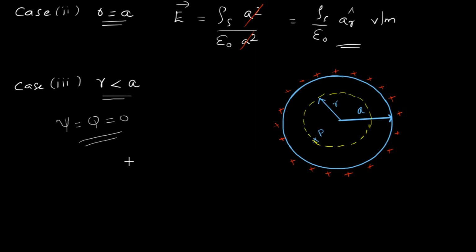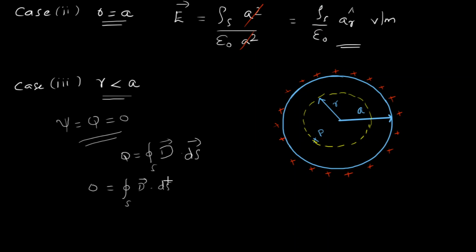Now, we have already seen that the total charge enclosed can be calculated as the closed surface integral of D dot dS, right? Here I am saying that the left hand side is 0. So q is now 0. That means 0 is equal to the closed surface integral of D dot dS.